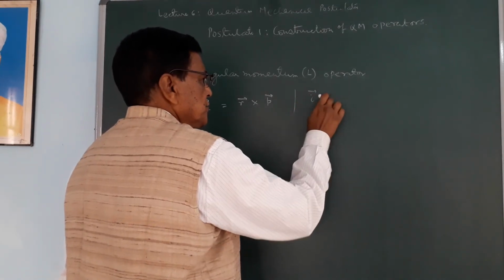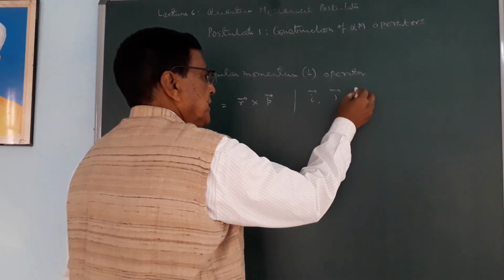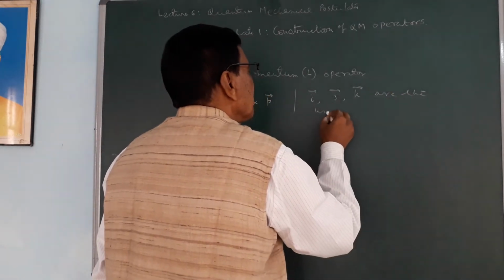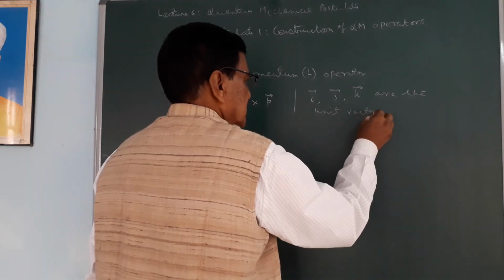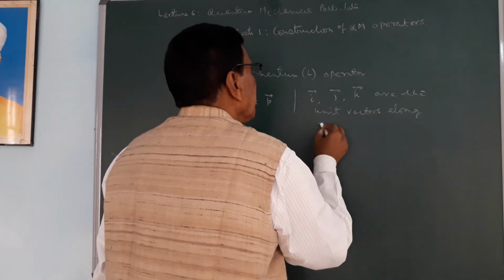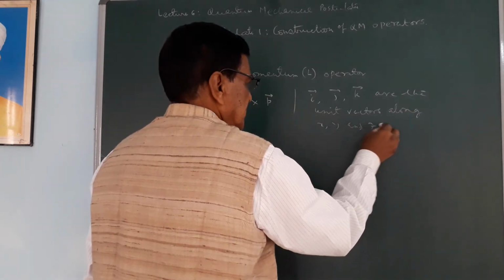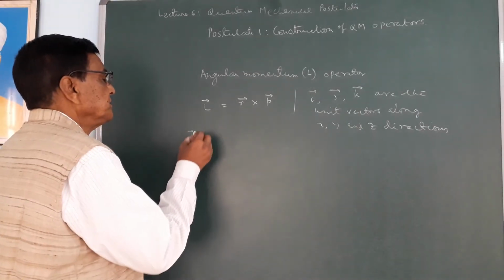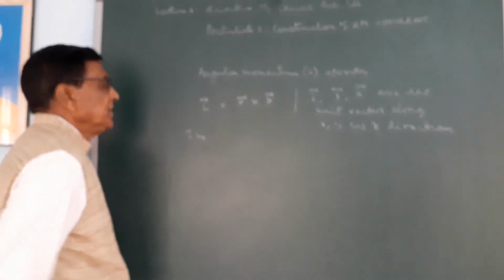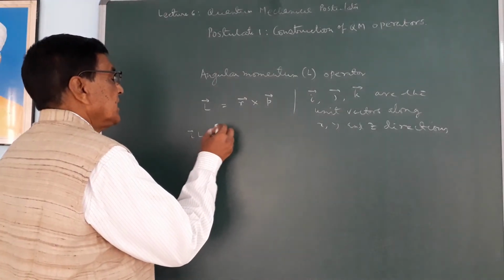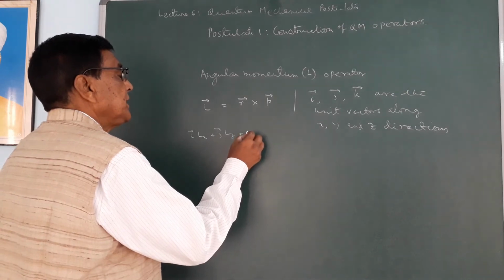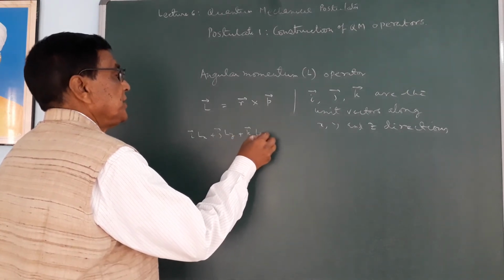If i vector, j vector, k vector are the unit vectors along x, y and z direction, then this one could be written as i vector Lx, where Lx is the scalar quantity, plus j vector Ly plus k vector Lz.